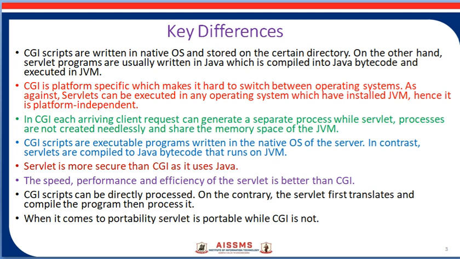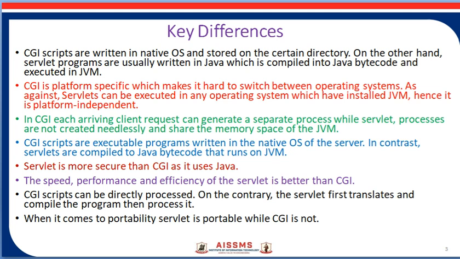Now let us see the key differences between these two technologies. CGI scripts are written in the native operating system and stored in a certain directory. On the other hand, servlet programs are usually written in Java, compiled into Java bytecode and executed in the JVM. CGI scripts are stored and executed by the native operating system, whereas Java servlets are executed by the JVM.